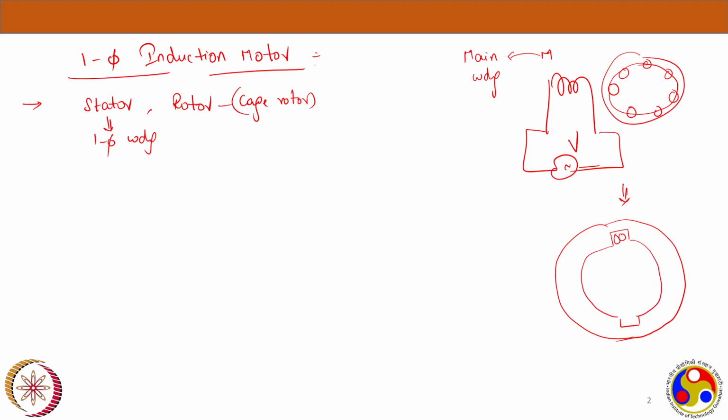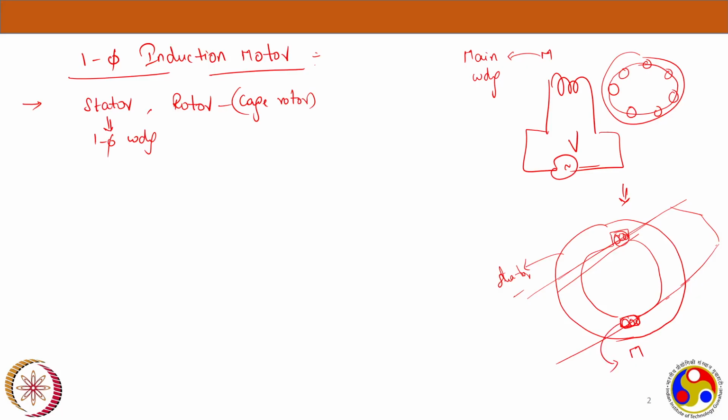I have inserted this single phase winding on the stator. This is how we wind: it will go like this, overhang, and come back like this. Entirely, if you want to see it as a single line winding, this is the stator. This is how it would be. This is M, the main winding.